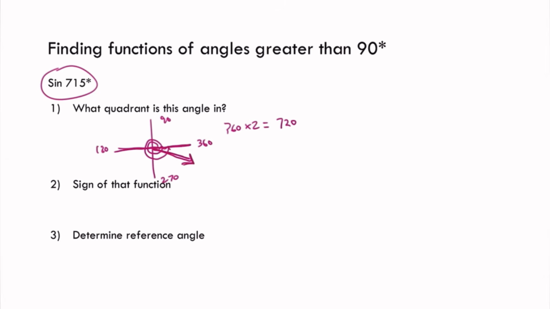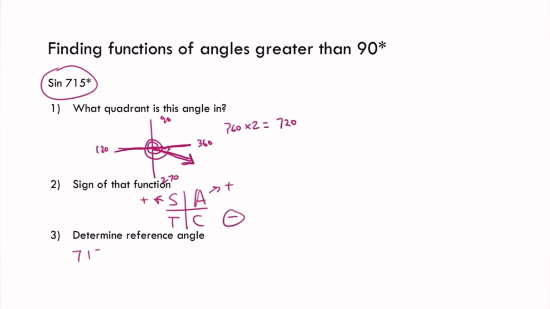Okay, to find the sine of that function, we can use All Students Take Calculus. All the functions in the 1st quadrant are going to be positive. Only the sine in the 2nd quadrant is going to be positive. Only tangent in the 3rd quadrant is going to be positive, and only cosine in the 4th quadrant is going to be positive. Sine of 715 is in the 4th quadrant, so that means that it'll be negative. Now we have to determine the reference angle.